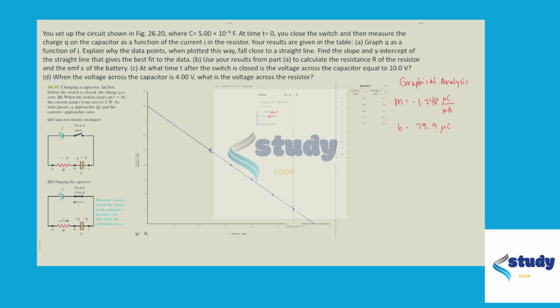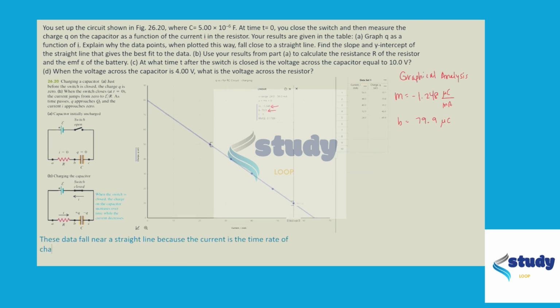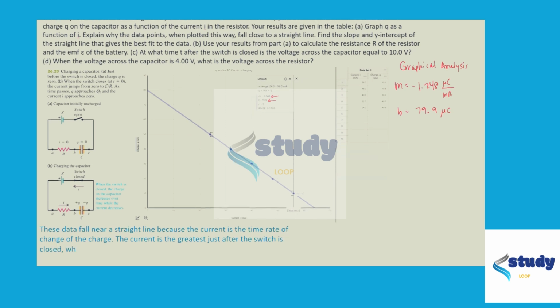So these data fall near a straight line because the current is the time rate of change of the charge. The current is the greatest just after the switch is closed, when the charge is 0.